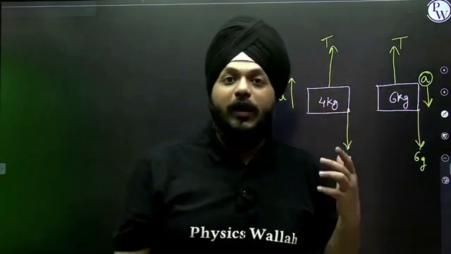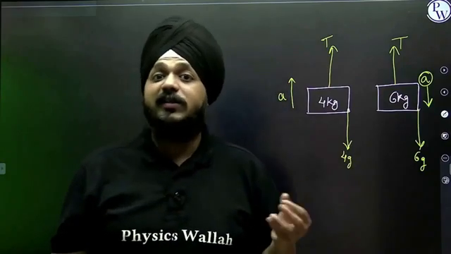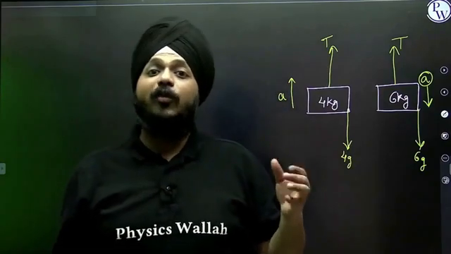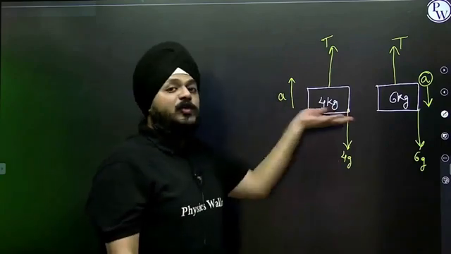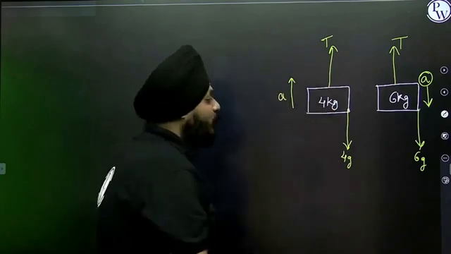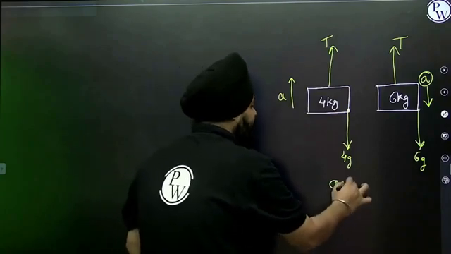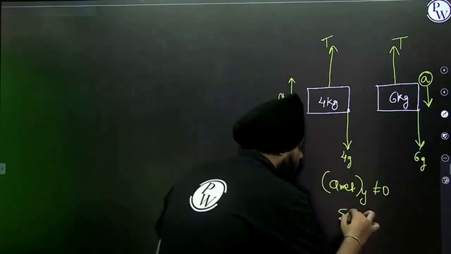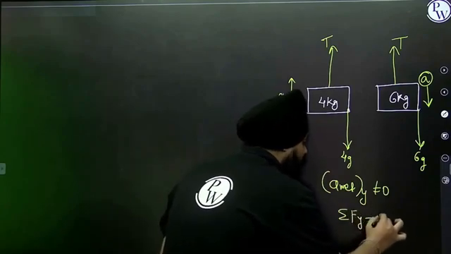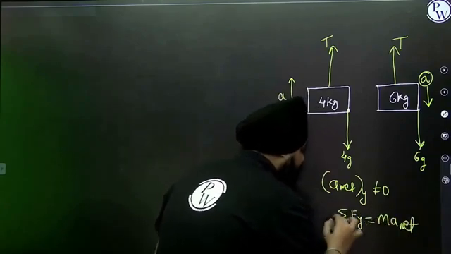After that, we saw one example with the normal reaction, where the summation of horizontal forces is not 0 but the vertical forces are balanced. Here there is no horizontal force, only vertical forces. So the net acceleration along the y direction is not 0, and the summation of all forces along the y direction will be equal to m a net.